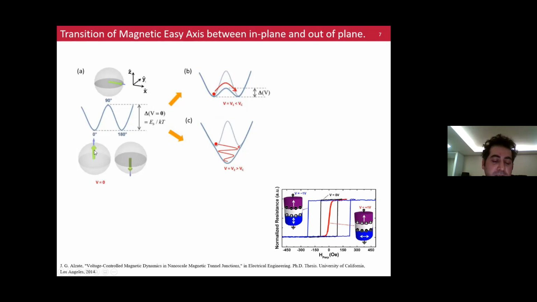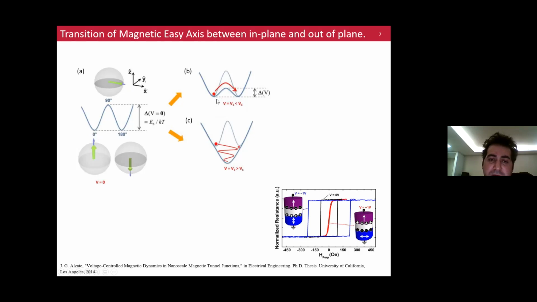Let's think we are here at the positive z direction, with the magnetization pointing along positive z. When we apply a voltage, we can reduce this hard axis energy barrier as a function of the applied voltage.